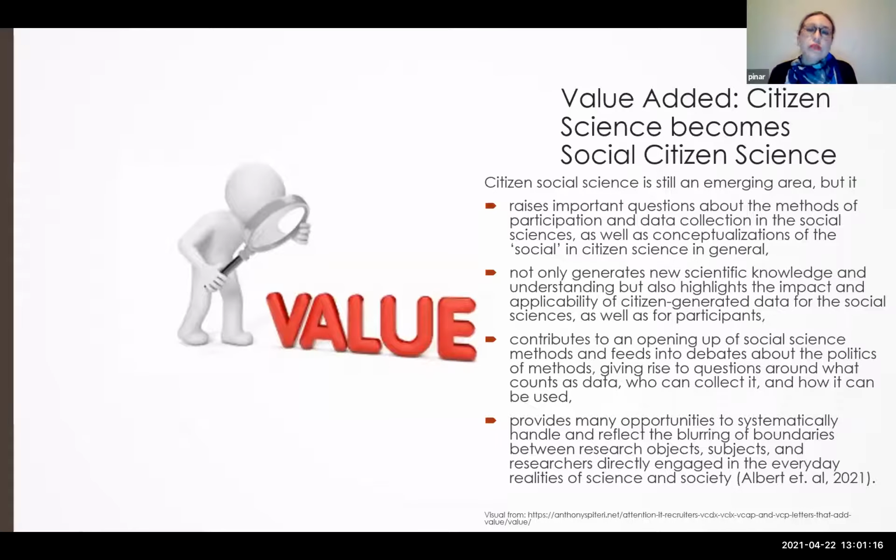So it is important that some value is added to citizen science, the field. How? We should understand the social side of doing things. We shouldn't be overlooking or underestimating the importance of the human being and the potential of citizens as social beings and what they can contribute to the field of citizen science.